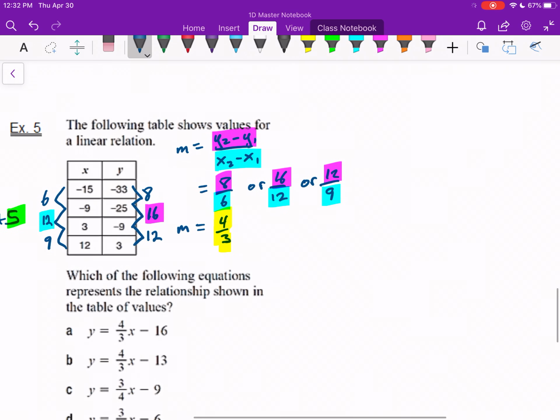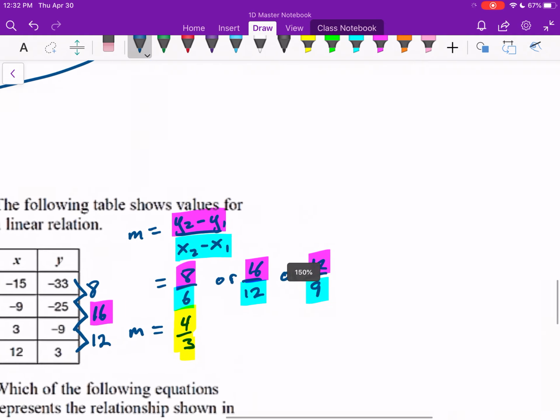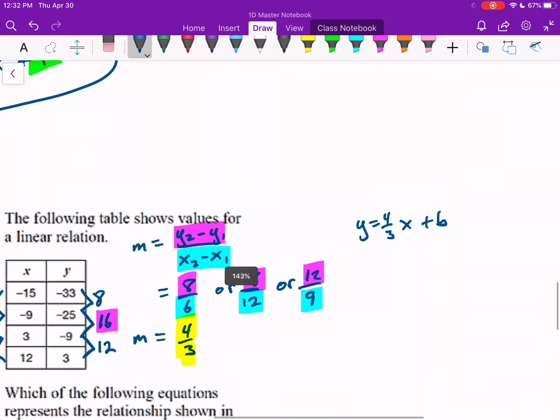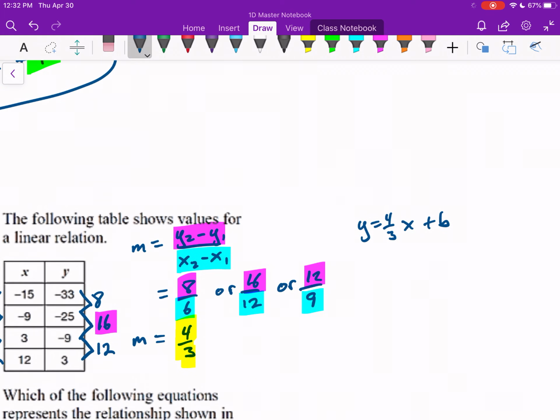Now, again, I could sort of play around with the table, but maybe it's easiest just to do it algebraically for this one. I could go y equals 4/3 x plus b, and then I could take any point. I'm going to stick with a point that's got a couple positive numbers in there just to make it easier.